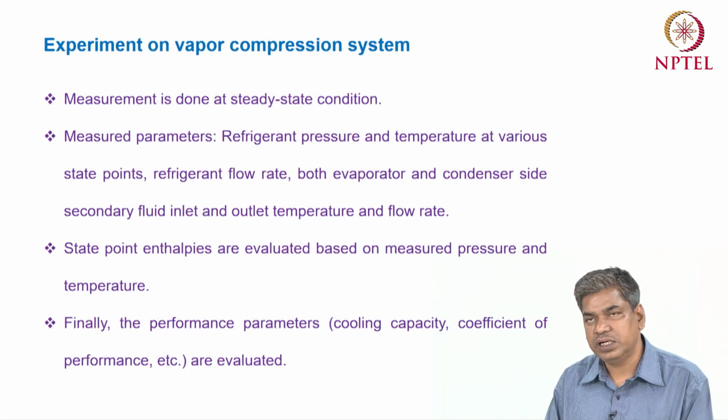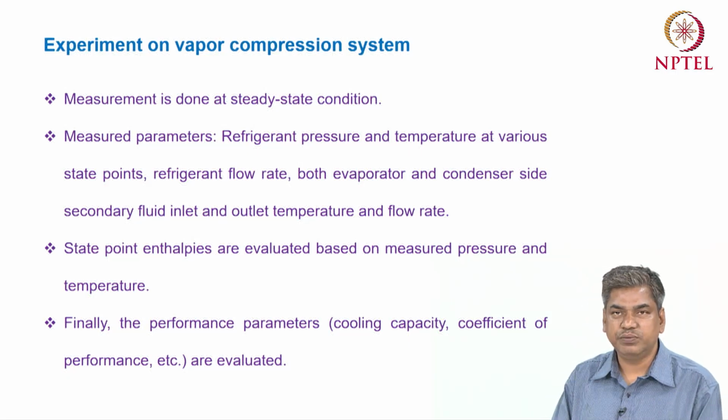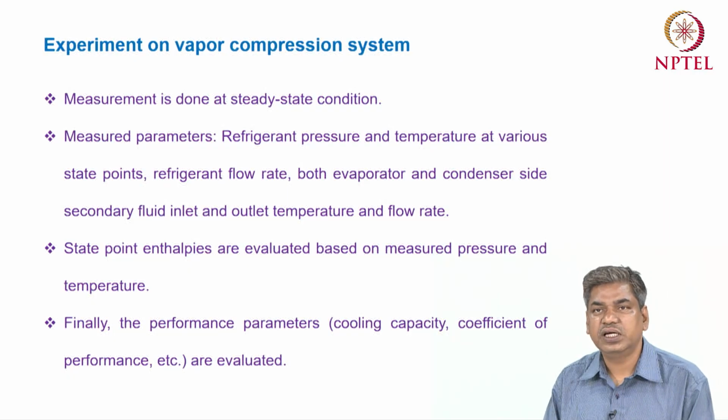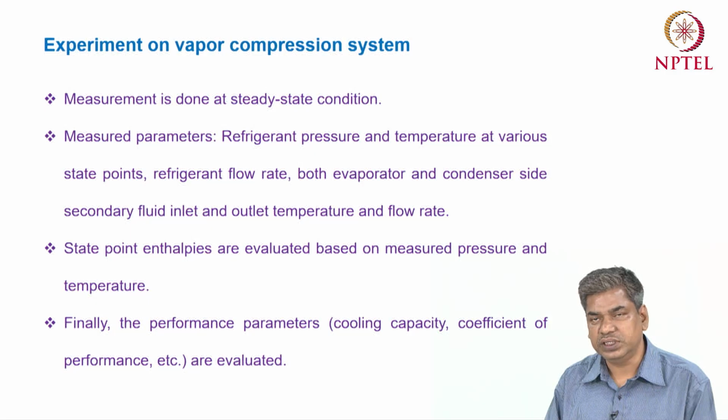Apart from that, we can use the energy meter to measure the power consumption of a refrigeration system. We can also measure the voltage and the current. These are the many parameters we have to measure during the experimental study of a vapor compression system.